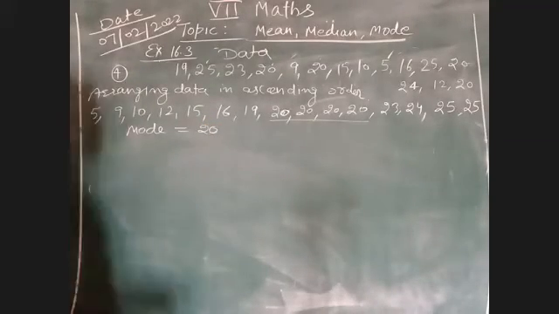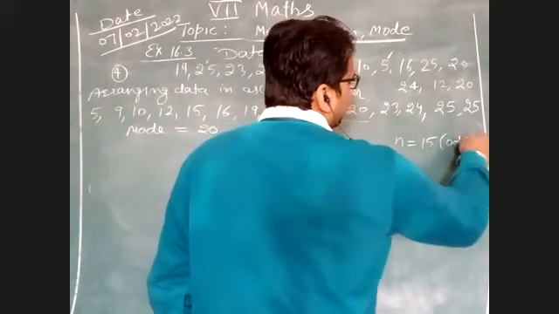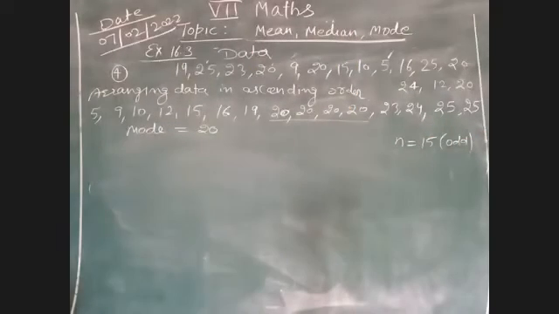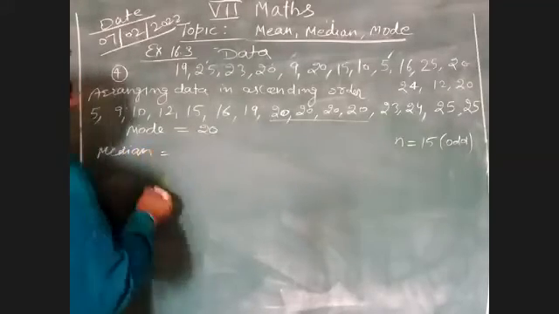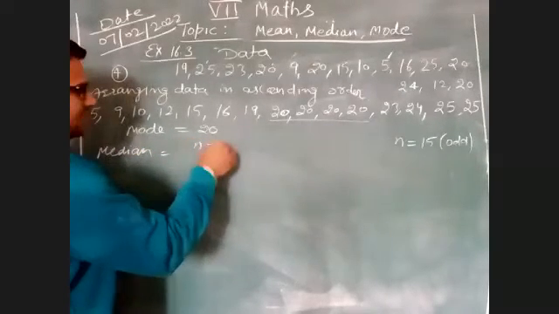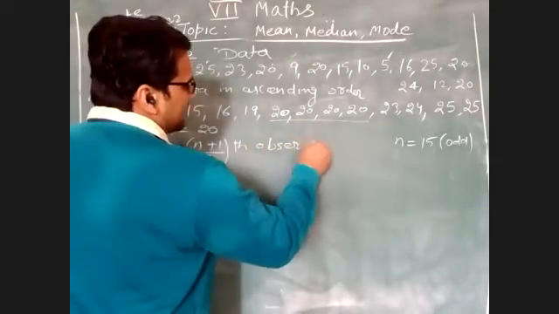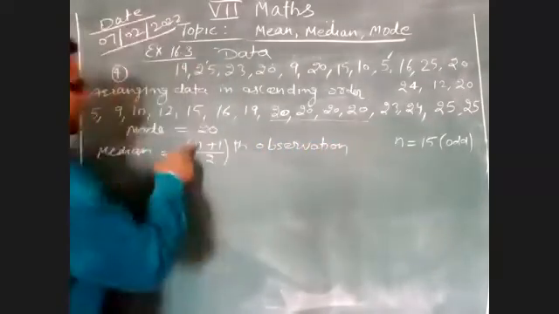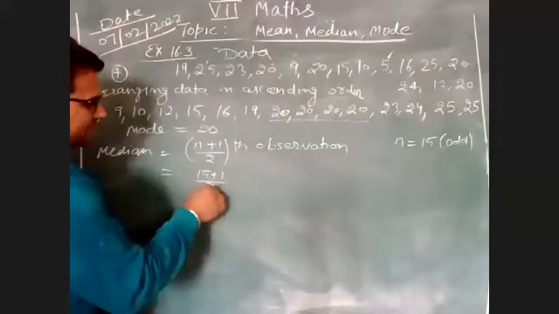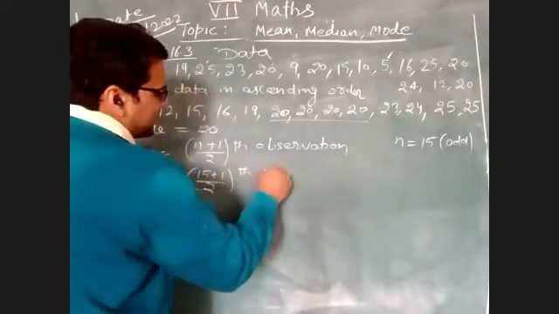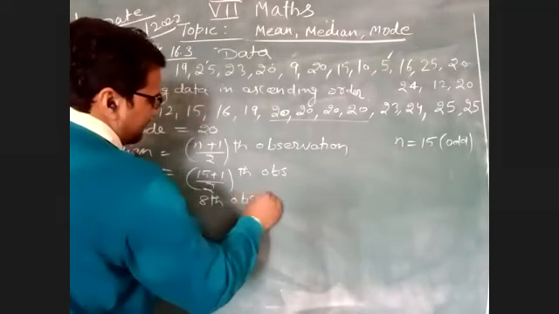Now you have to calculate the median, and you know that n is 15, which is an odd number, so you have to use the formula for odd numbers. Median will be the (n plus 1) by 2th observation. N is 15, so 15 plus 1 by 2th observation, and this will be the 8th observation.